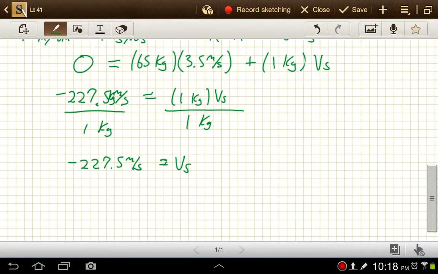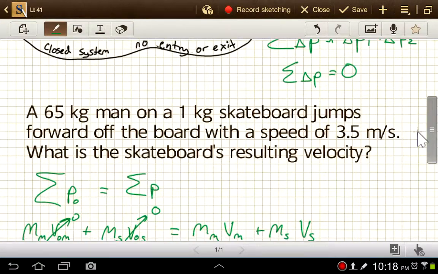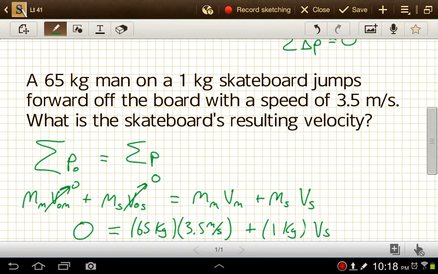Now that is a shockingly fast speed, and it ought to be, because that man jumping forward gained a huge amount of momentum. He went from no momentum, he was at rest, to 65 times 3.5 kilogram meters per second of momentum.